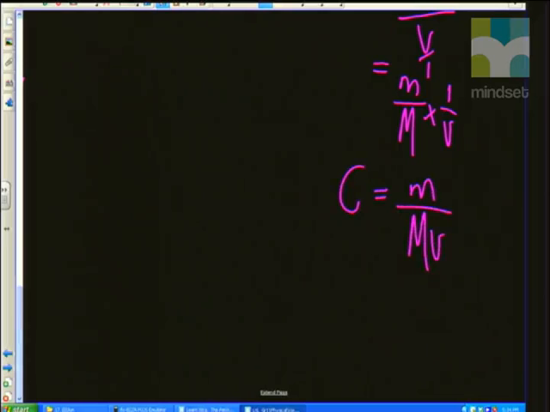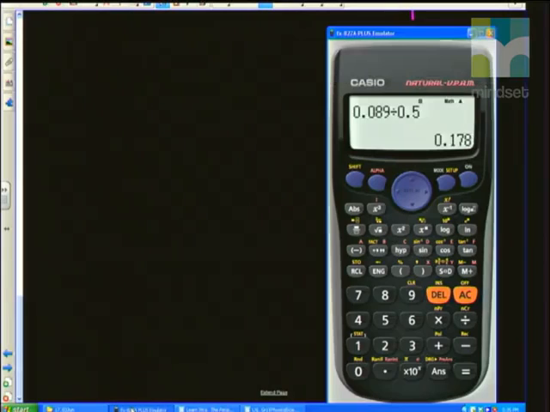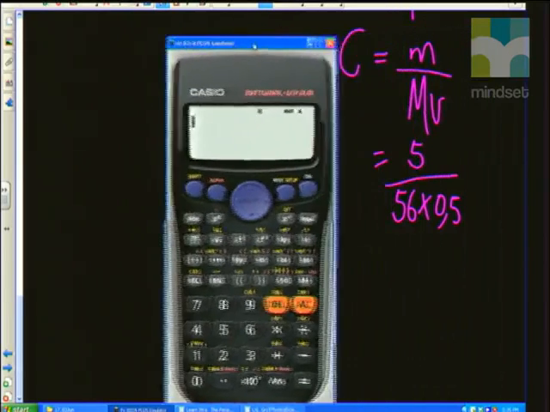And therefore, you can quickly substitute there: that was 5 grams divided by 56 times the volume, 0.5. It was 500 cubic centimeters, so it's 0.5.